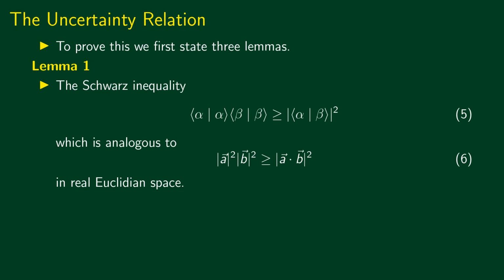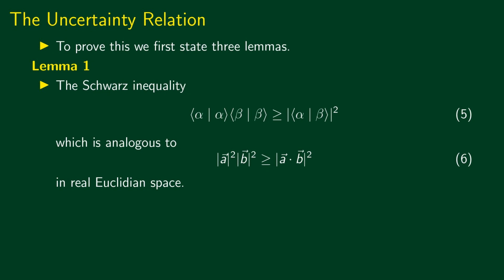Now this is analogous to this relation in real Euclidean space: modulus A square times modulus B square is greater than or equal to the modulus square of A vector dot B vector. Again, when I take A vector dot B vector, this could even be 0.